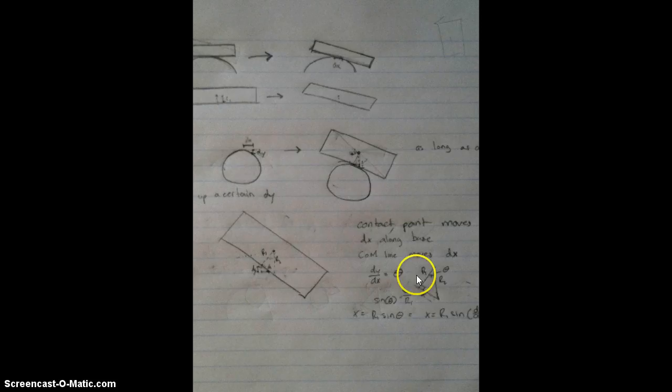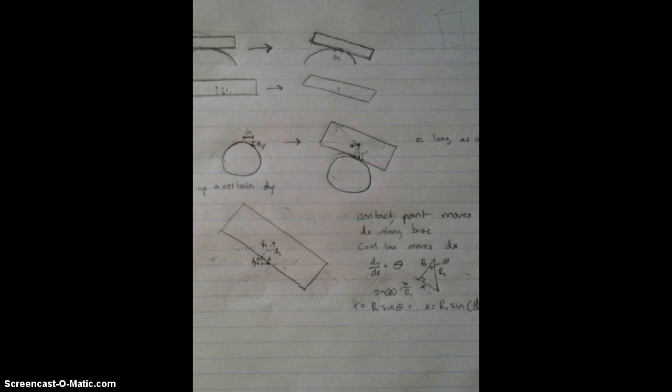So this x down here, which is how far along the base the contact point moves, is going to be theta times r1, which is the length from the center of mass to the edge, halfway up for a rectangle, times sine of theta.